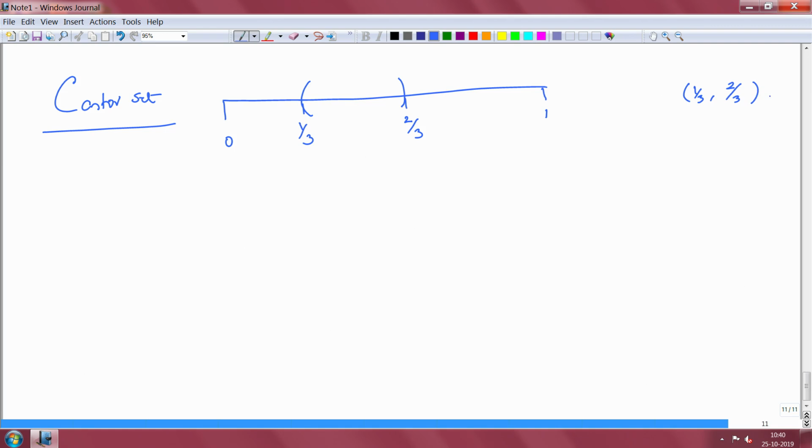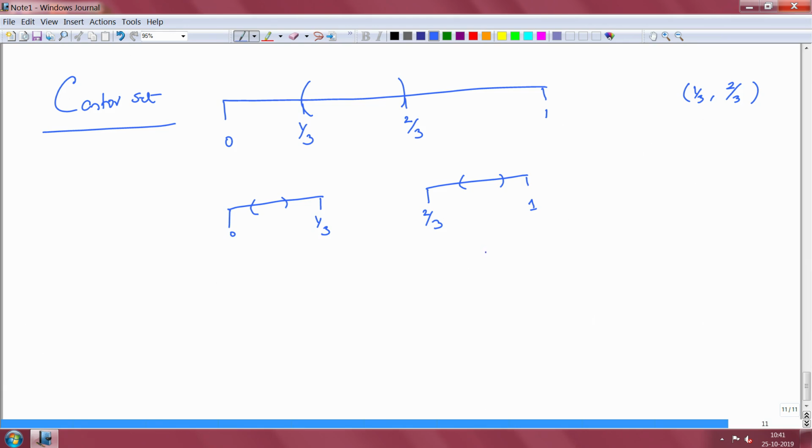Now, you continue this process. So you have 0, 1/3, 2/3 and 1. You again take the middle 1/3 of each interval. What does it mean to say middle 1/3? You divide each interval into 3 equal parts and throw out the middle 1/3.